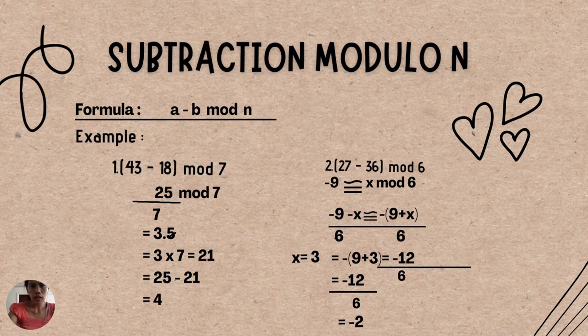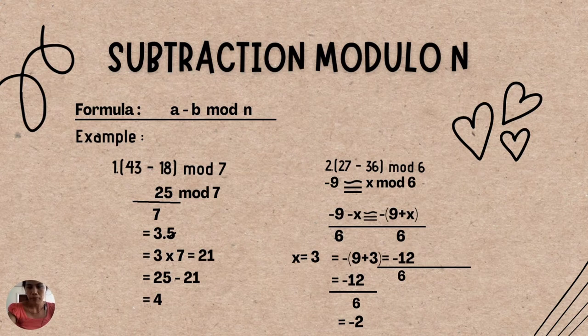Since negative 9 is still an integer, we need to find the value of x so that negative 9 is congruent to x mod 6. Try to get the value of x by finding a value that is less than 6.